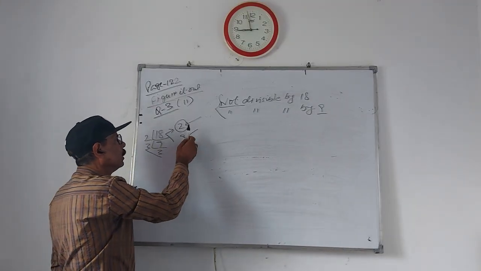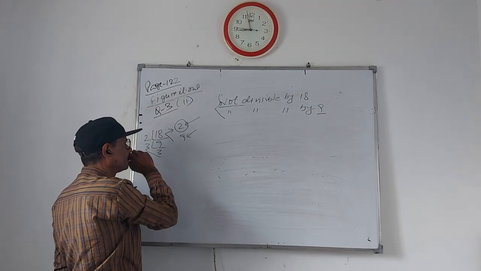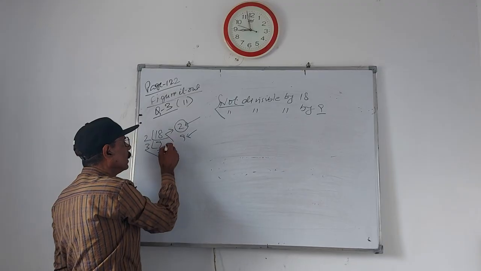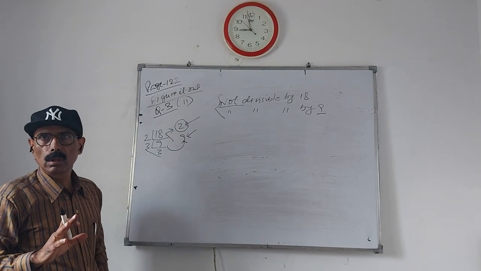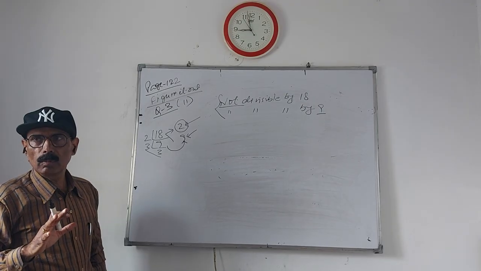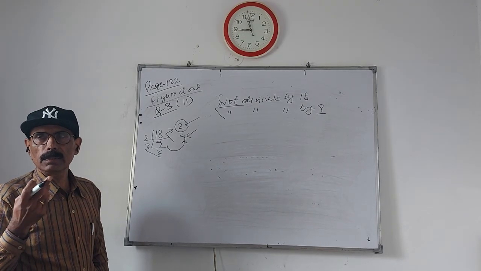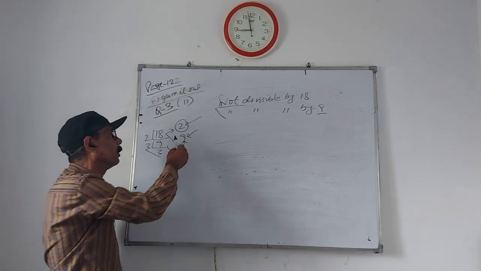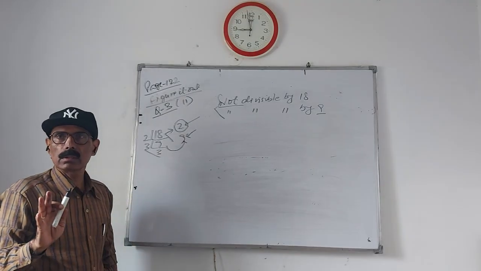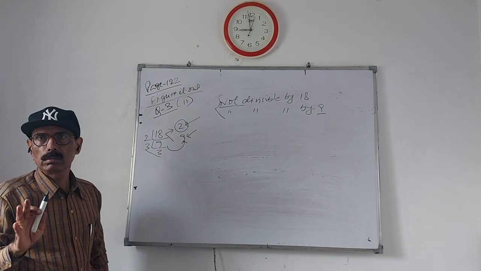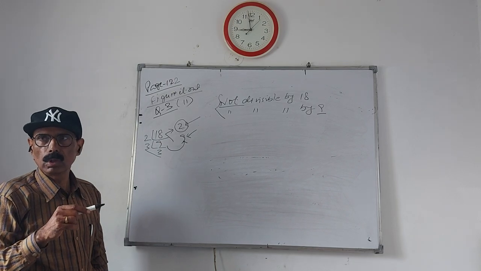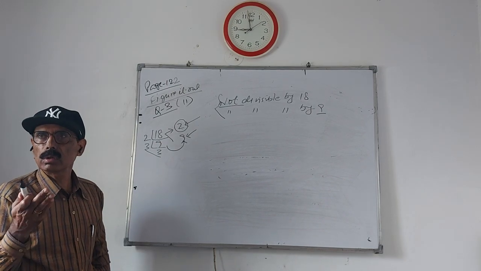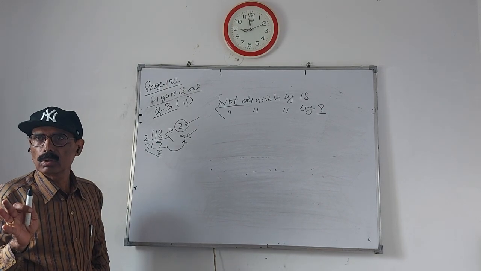Any number, see, the number is divisible by 9. Understood? A number is divisible by 9, but if this number is not divisible by 2, see, if a number is not divisible by 2, that means the number is not divisible by 18 also.